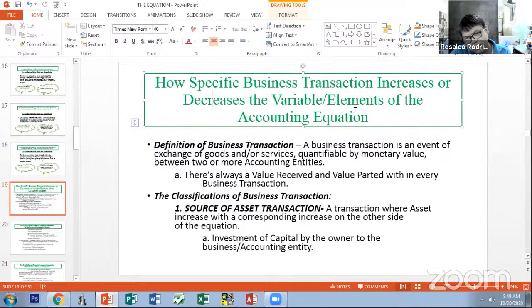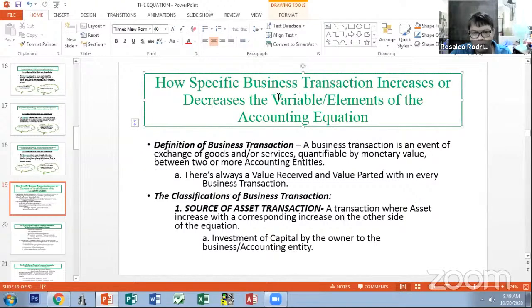So I think it is politically correct, or specifically correct, to say that there are increases in the variables or elements, not increases or decreases in the equation.